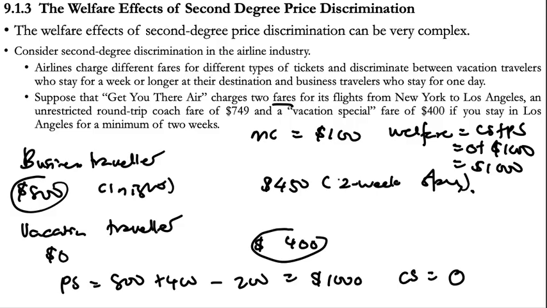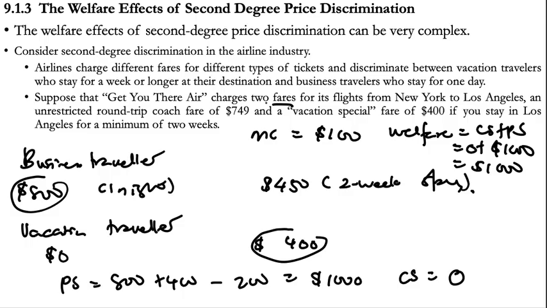The story says, suppose that Get You There Air charges 2 fares for its flight from New York to LA: an unrestricted round-trip coach fare of $749, and a vacation special fare of $400 if you stay in Los Angeles for a minimum of 2 weeks. If there is no restriction, they want to charge 749, isn't it? But they offer you, if you want to stay, you can get 400. This is different.